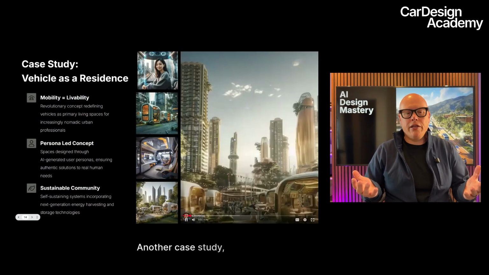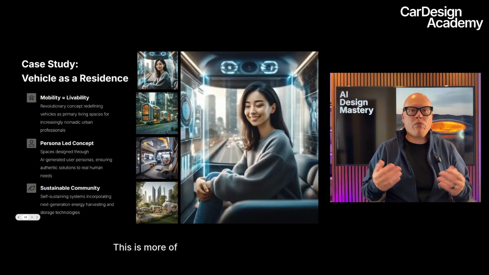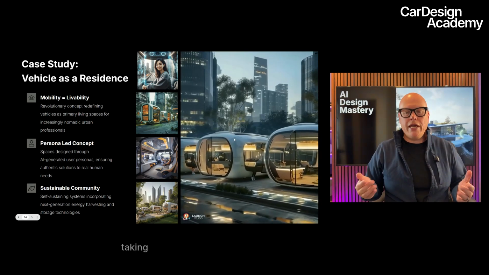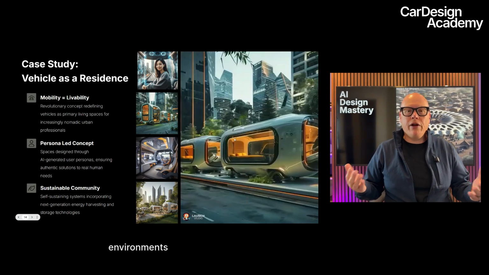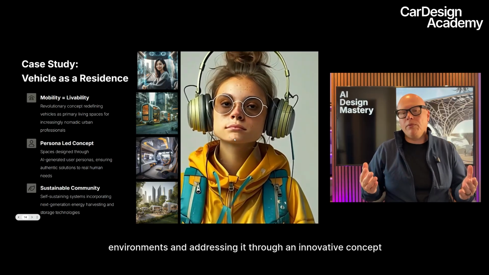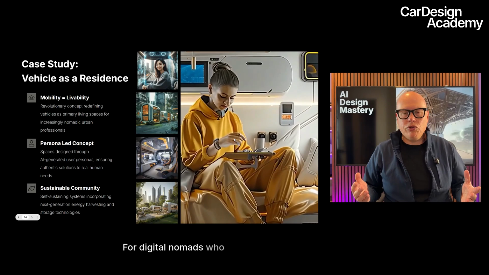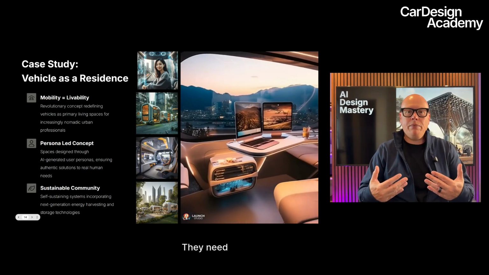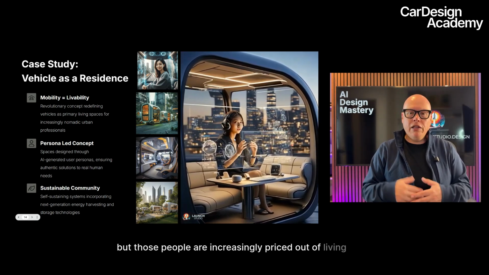Another case study. This is an idea for a vehicle as a residence, and this is more of a problem solving type of thesis where we're taking something like housing affordability in large urban environments and addressing it through an innovative concept for a vehicle that you can live in. For digital nomads who travel from city to city, the cities need tech talent. They need people with skills, but those people are increasingly priced out of living in the city.